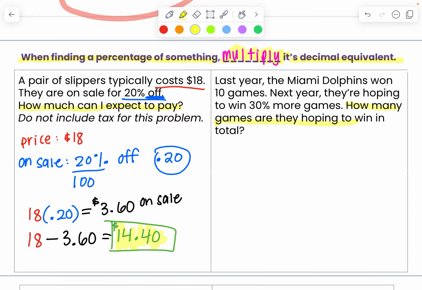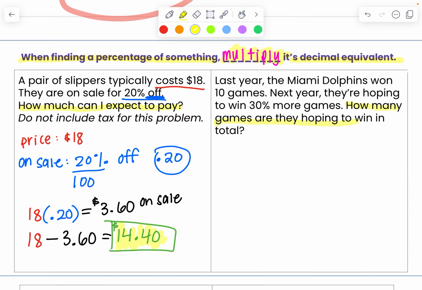So let's start off with what we know right now. We know that they won 10 games last year, right? And our goal for this problem is they want to win 30% more games. So they want to win 30% more, right?